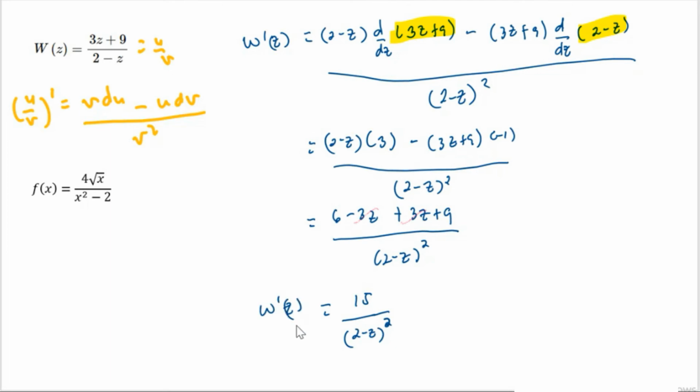Now for number 2, I will just use another slide. I will write the given function now as minus 2. We know that our numerator is u and our denominator is v. Therefore, using the formula, f prime of x is equal to the denominator, x squared minus 2, times the derivative of the numerator.